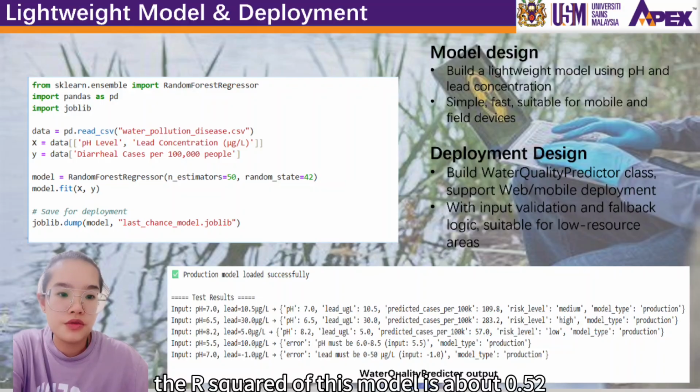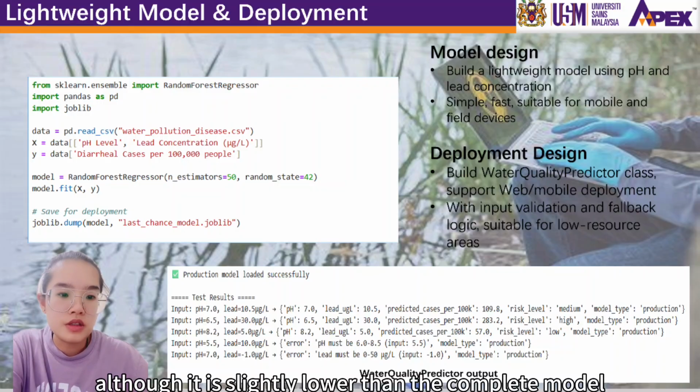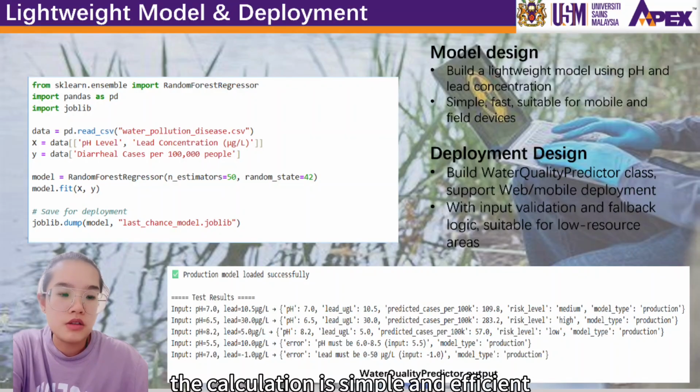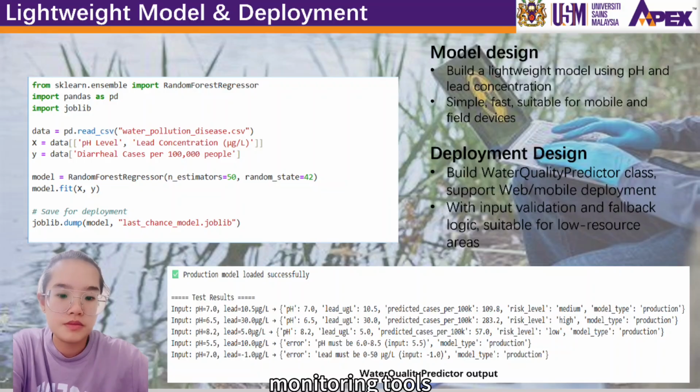The R-squared of this model is about 0.52, although it is slightly lower than the complete model. The calculation is simple and efficient, and it can be easily embedded in mobile devices and field monitoring tools.